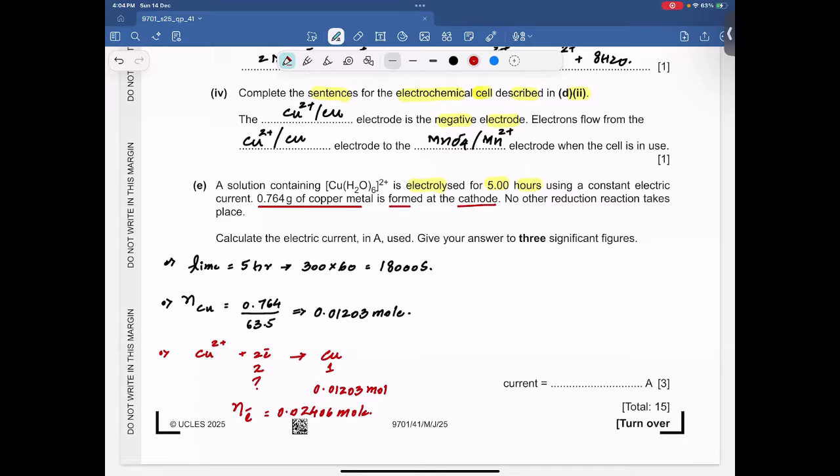All right. The examiner is looking for the electric current in amperes with 3 significant figures. We know the moles of electrons.